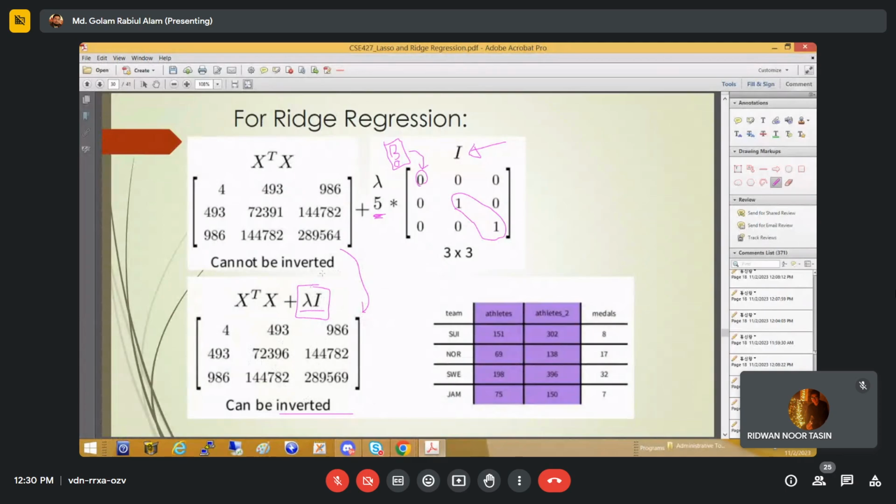So the Ridge regression solves one of the big problems. In data sets, sometimes if we apply the least squares method for finding the solution of linear regression, we cannot find it. But if we apply Ridge regression, it will find that. Actually, the term Ridge is from here.